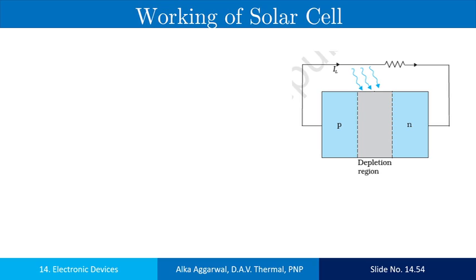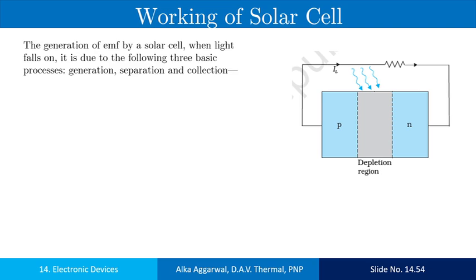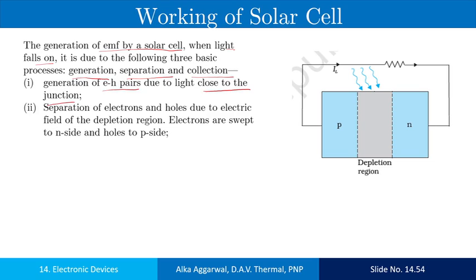Now the working of the solar cell. The generation of the EMF by a solar cell when light falls on it is due to three processes: generation, separation and collection. The electron-hole pairs are generated when the light is incident close to the junction.